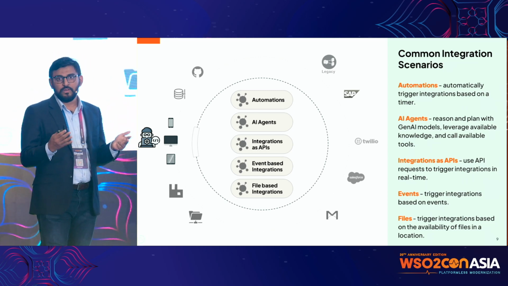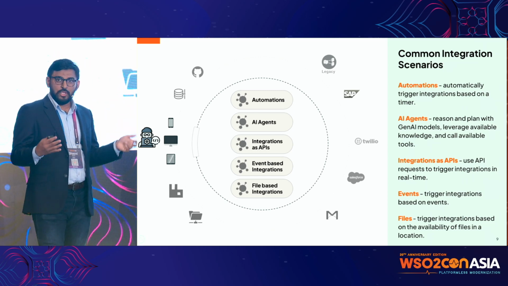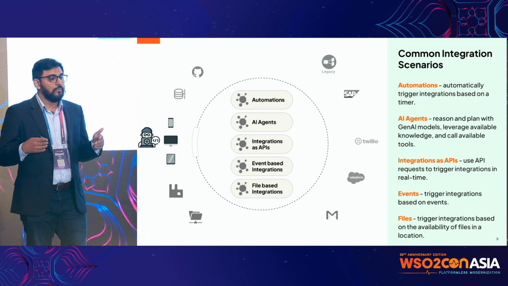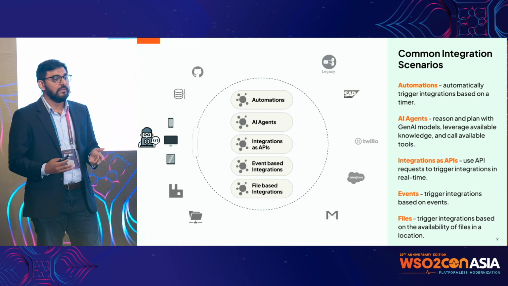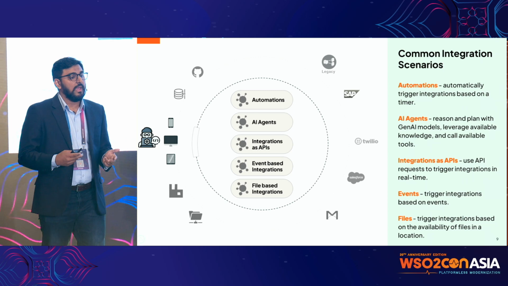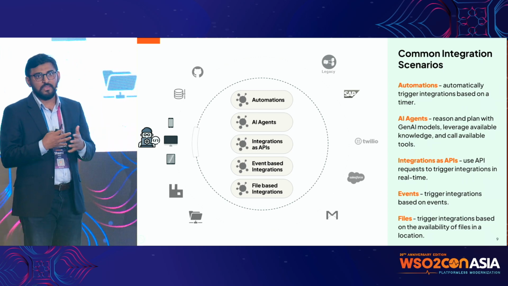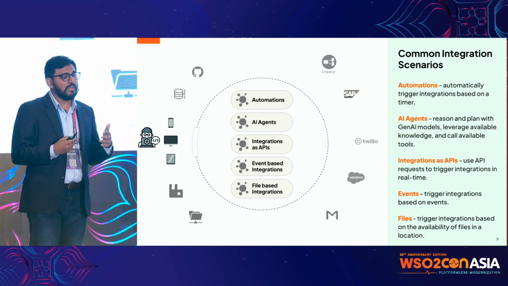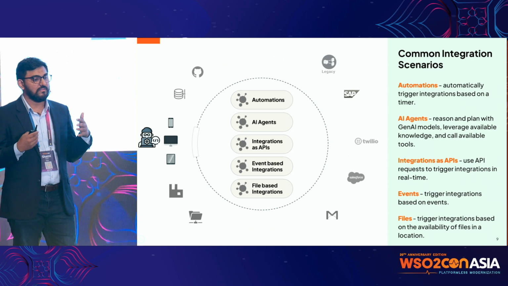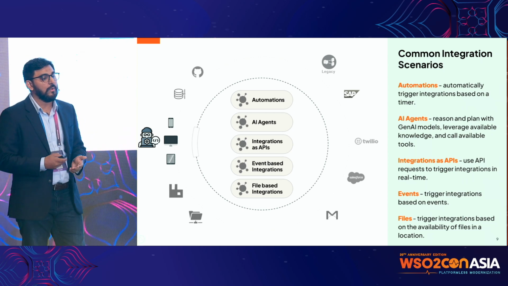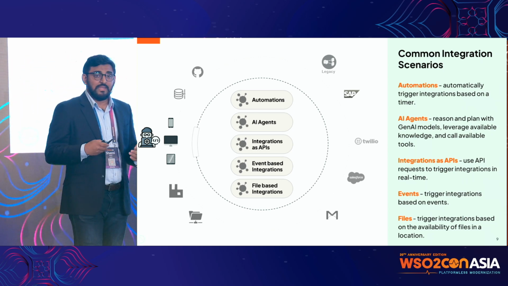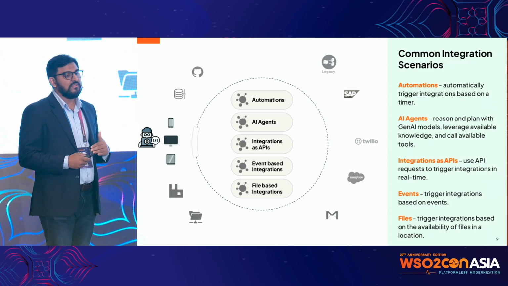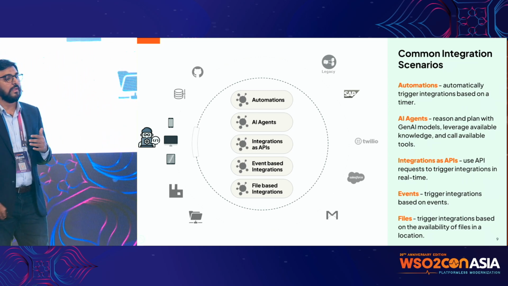A lot of enterprises are making use of AI to create unique digital experiences for their customers. Then there are APIs, which have always been a backbone of integrations for over a decade now. And there are events as well as files. All of these you need to consider when it comes to integration scenarios.